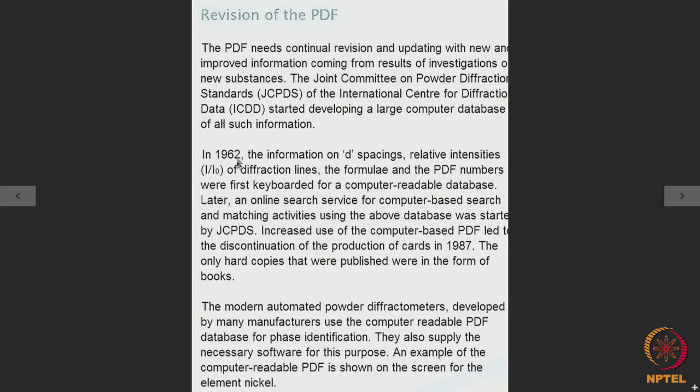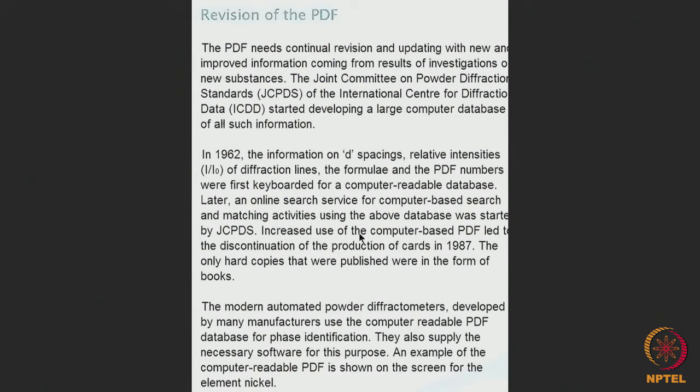They started developing a large computer base of all such diffraction information from many substances. So, in 1962, the information on D spacings, relative intensities of diffraction lines, the formulae and PDF numbers were first keyboarded for a computer readable database. Later, an online search service for computer based search and matching using the above database was started by JCPDS.